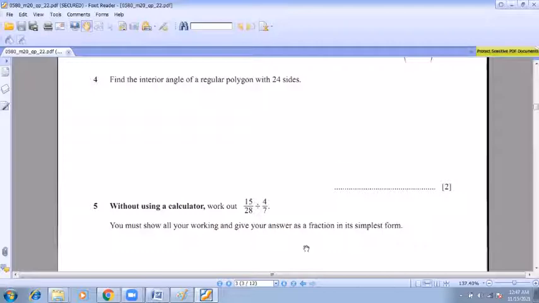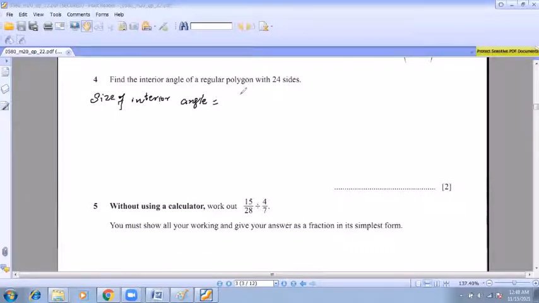So the formula to find the size of the interior angle: size of interior angle equals the sum of interior angles divided by the number of sides.